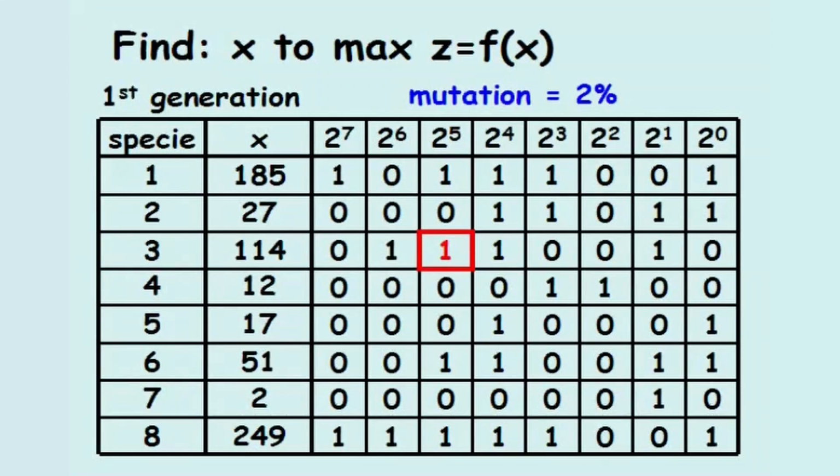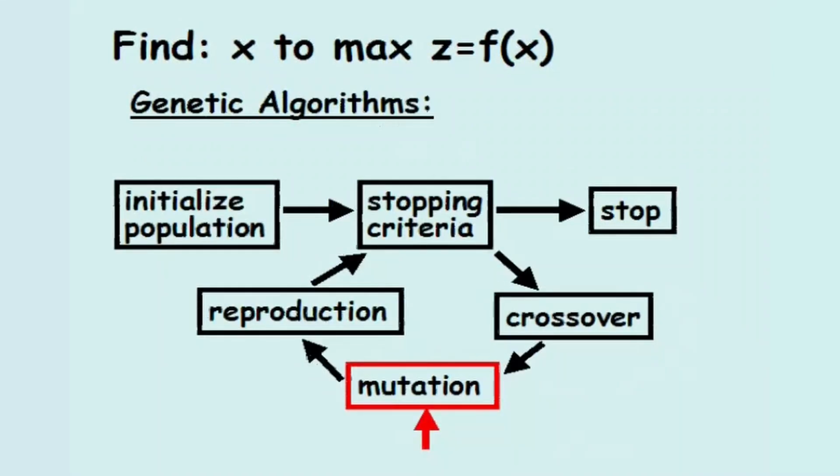Of the 64 values shown here, only one chromosome, in species 3, was mutated from a 0 to a 1. This caused the value of X3 to increase from 82 to 114. The mutation percentage should be kept low. Crossover should be the primary mechanism used to swap genetic material.